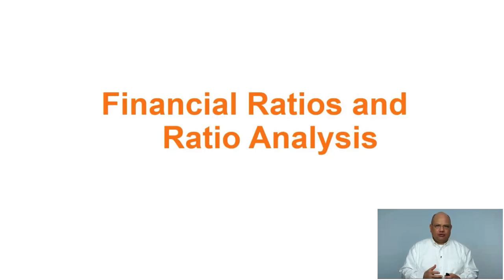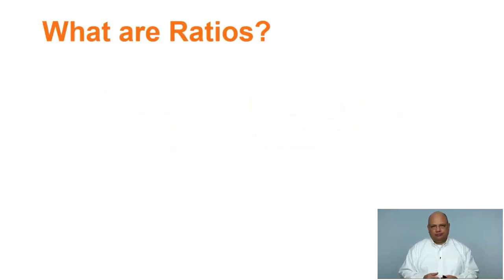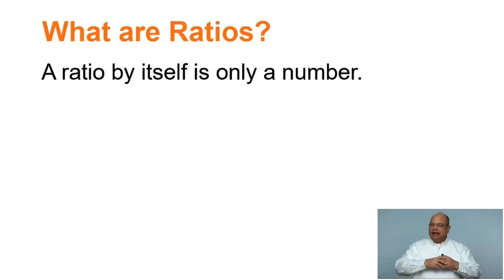So we start with the question, what is a ratio? Well, we need to understand at the very beginning that a ratio by itself is only a number. If I tell you that debt to equity ratio is 2, or I tell you that the current ratio is 1.7, that by itself is just a number.